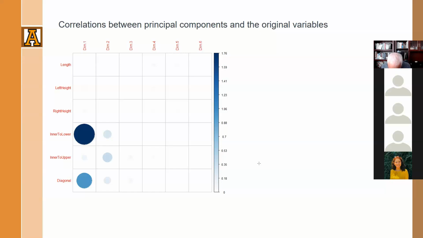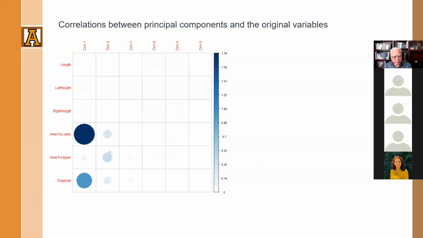It's still very light, but all this is relative, right? So you can say that the highest quality of representation of the original variables is inner to lower in the first principal component, and diagonal in the second principal component, and in the first principal component also.